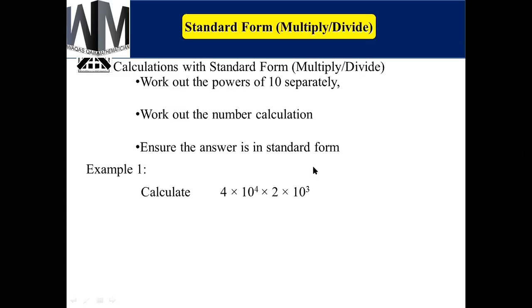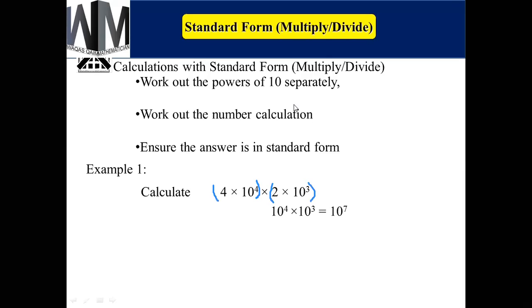For example, the first number which is given is 4 into 10 raised to 4. This is our first number. And the second number is 2 into 10 raised to 3. And we are going to multiply these two numbers. Now, we solve tens separately and numbers separately.